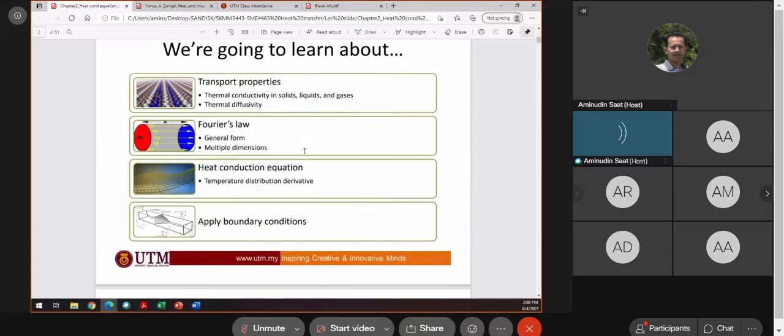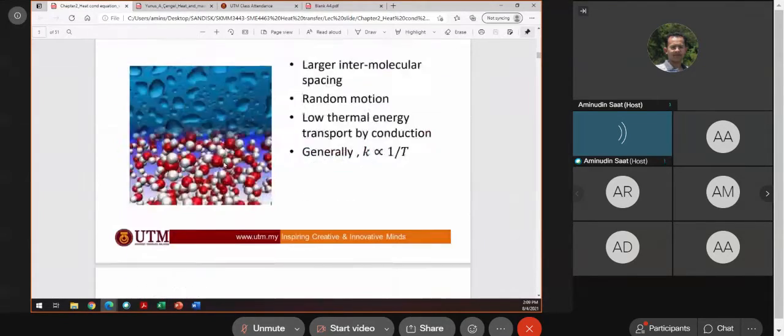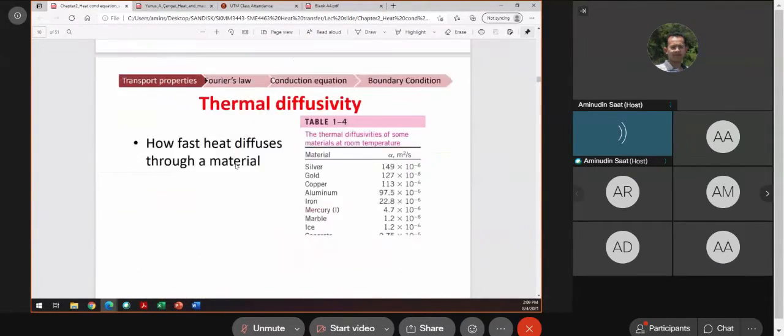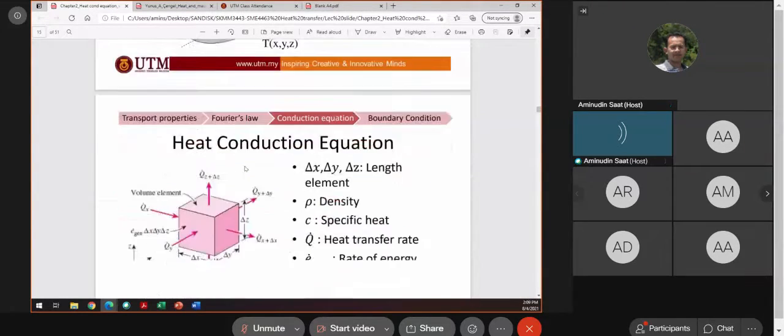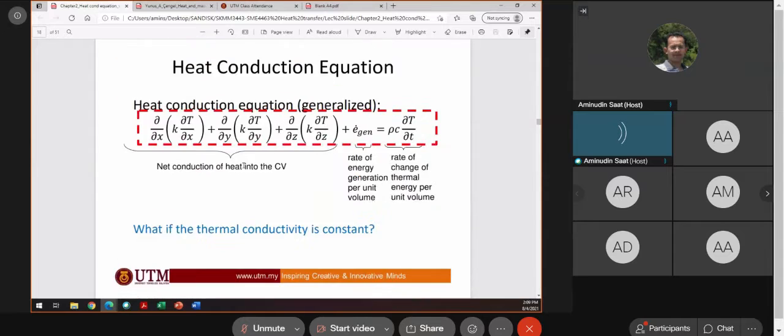So previously we learned about the general heat conduction equation. I think this one.